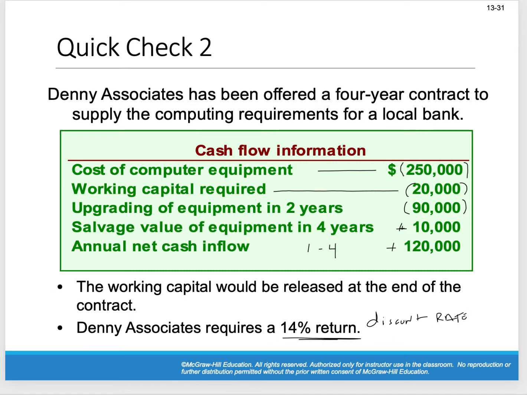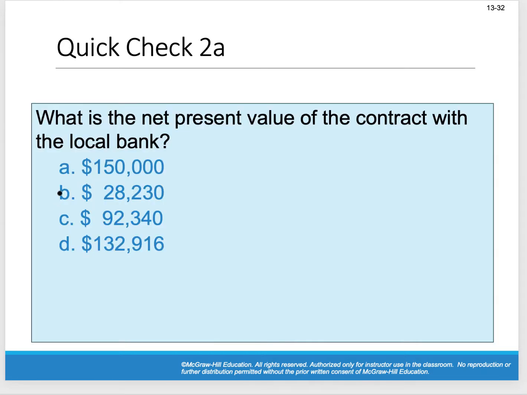Now, question 1, let's just look at it real quick. It asks, what is the net present value of the contract with the local bank? Well, we got to figure it out, right? It's easy to do.